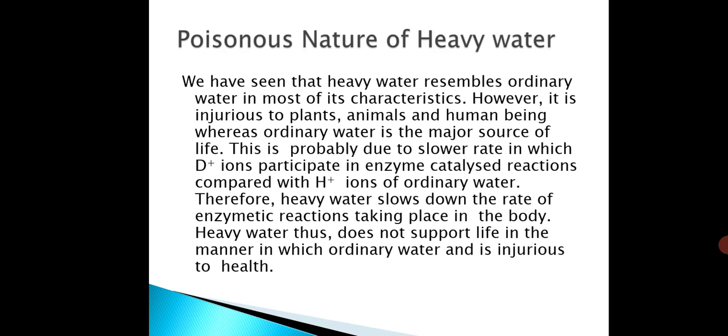For drinking purposes, we never use heavy water; we always use ordinary water because enzymatic reactions will become very slow compared to those in ordinary water. Therefore, heavy water slows down the rate of enzymatic reactions taking place in the body. Heavy water thus does not support life in the manner in which ordinary water does and is injurious to health. For that reason, heavy water is not used for drinking purposes.